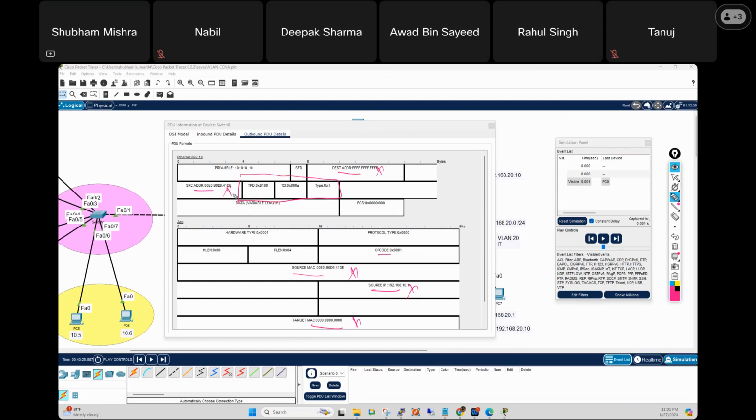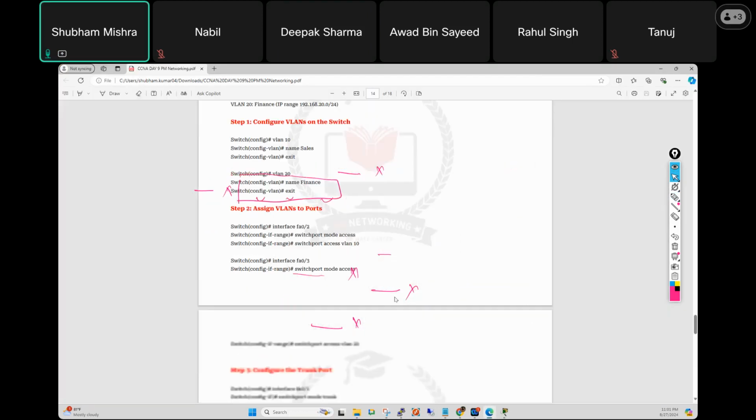Focus here. 0x8100. TPID, TCI, and type. What is TPID, TCI, and type? Are you able to see these three columns? Let me check if I mentioned this here or not.